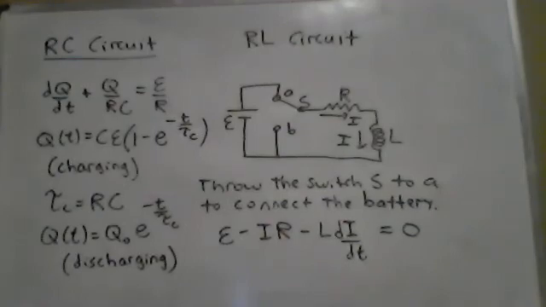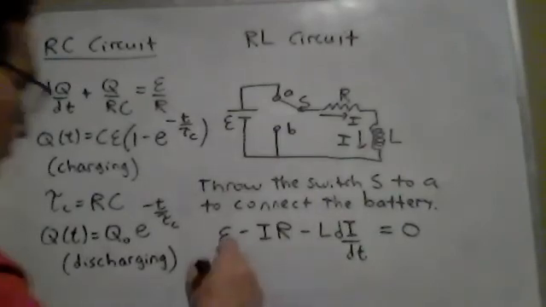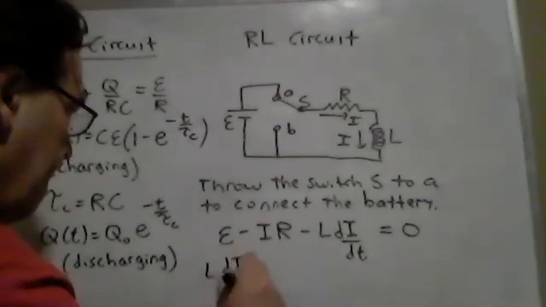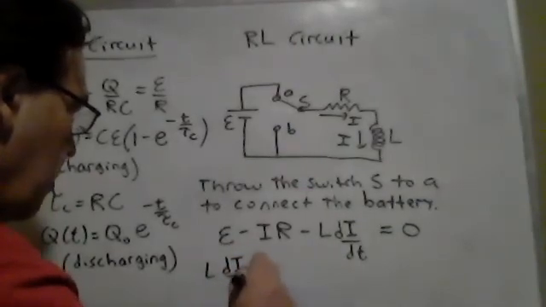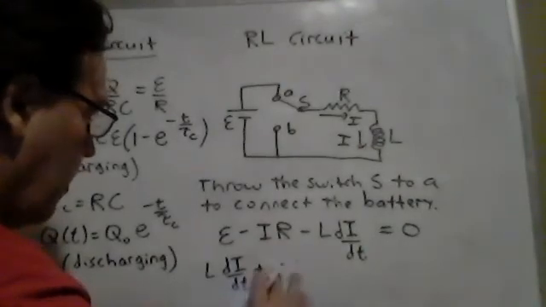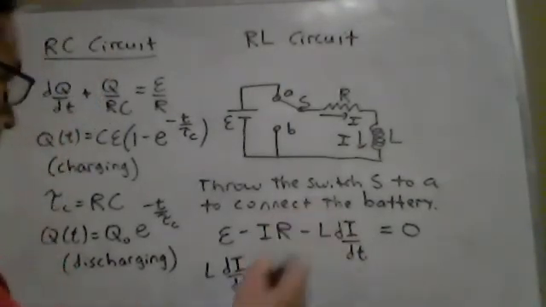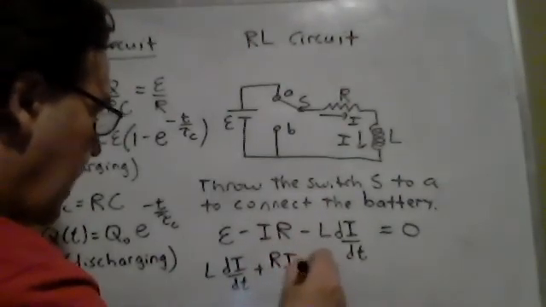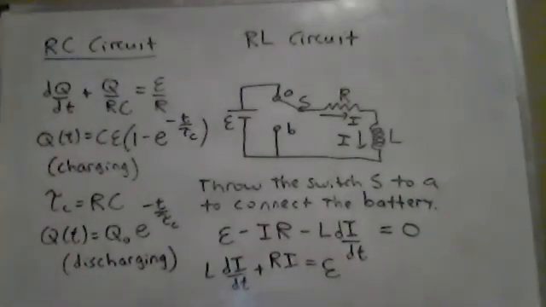But interestingly enough, if I fix it up a little bit, what does it look like? Well, I'm going to have L di/dt plus IR, or RI, we'll say. I is the function that I don't know. Is epsilon. Again, I threw epsilon on the other side. Everybody was negative, so I multiply through by negative 1, and that's what I have now.